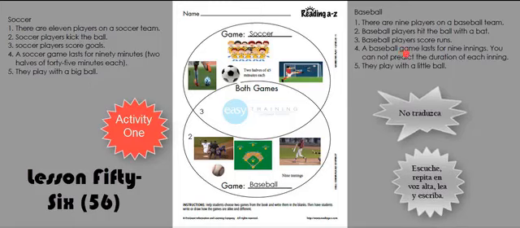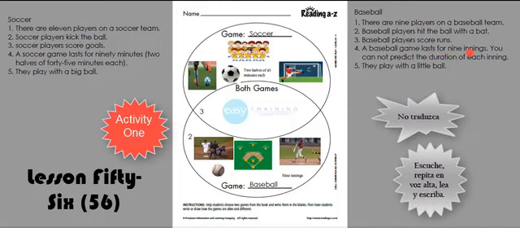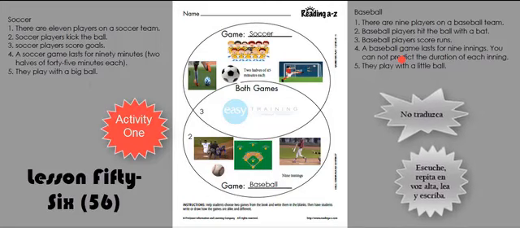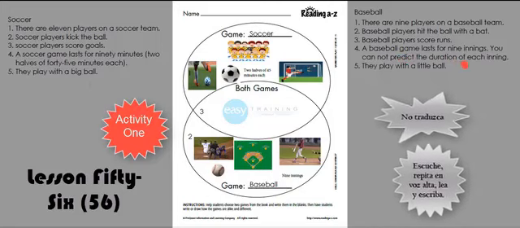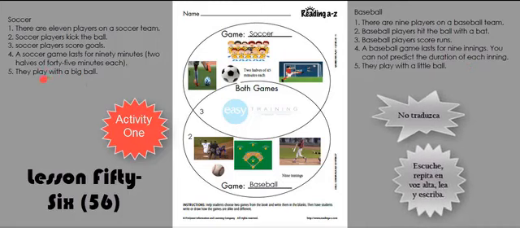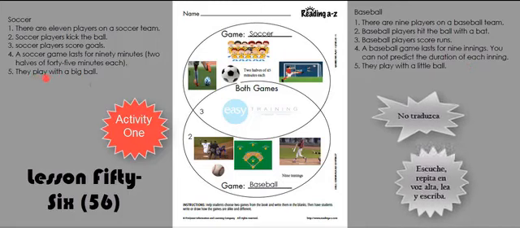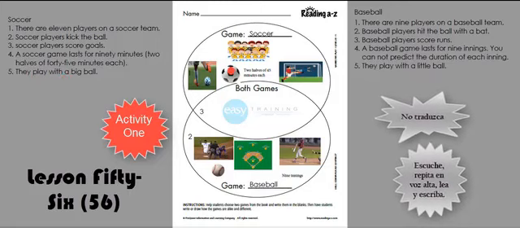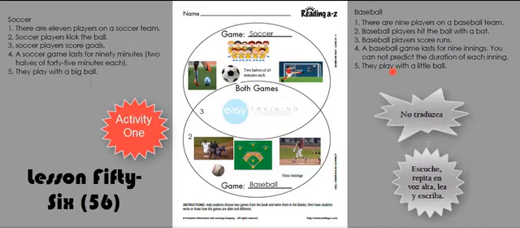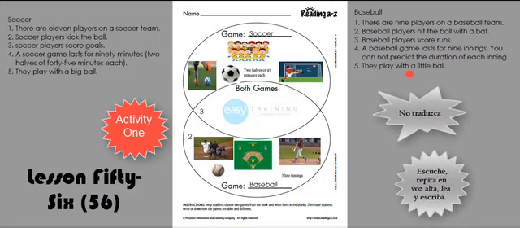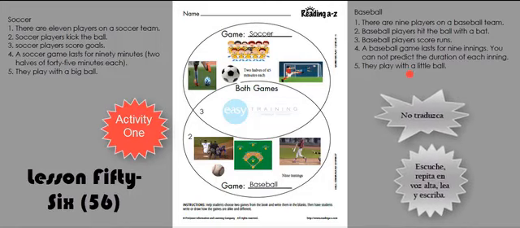A baseball game lasts for 9 innings. You can never predict the duration of each inning. And difference 5. They play with a big ball. They play soccer with a big ball. They play baseball with a little ball. This is all about the 5 differences that we have chosen to talk about in this activity.